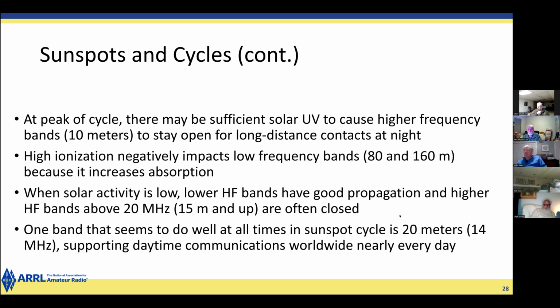The 20 meter band, on the other hand, is reliable. You can get long distance propagation often 24 hours a day, especially now when the sunspot number and the solar flux are high.